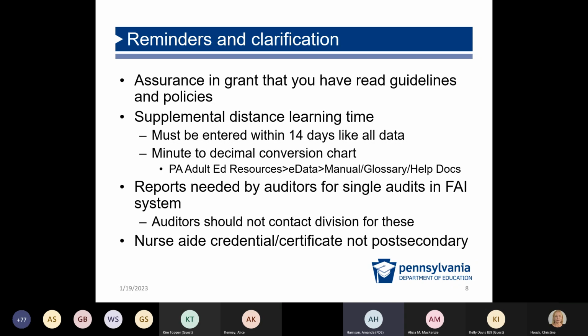Every once in a while, I still get a request for me to send that information, and those reports were built into the FAI system to make that readily available to grantees without having to come to PDE for that information. So that's just a reminder. If your auditors request those, you can pull those from the FAI system for them. And this was another question that kind of came up.